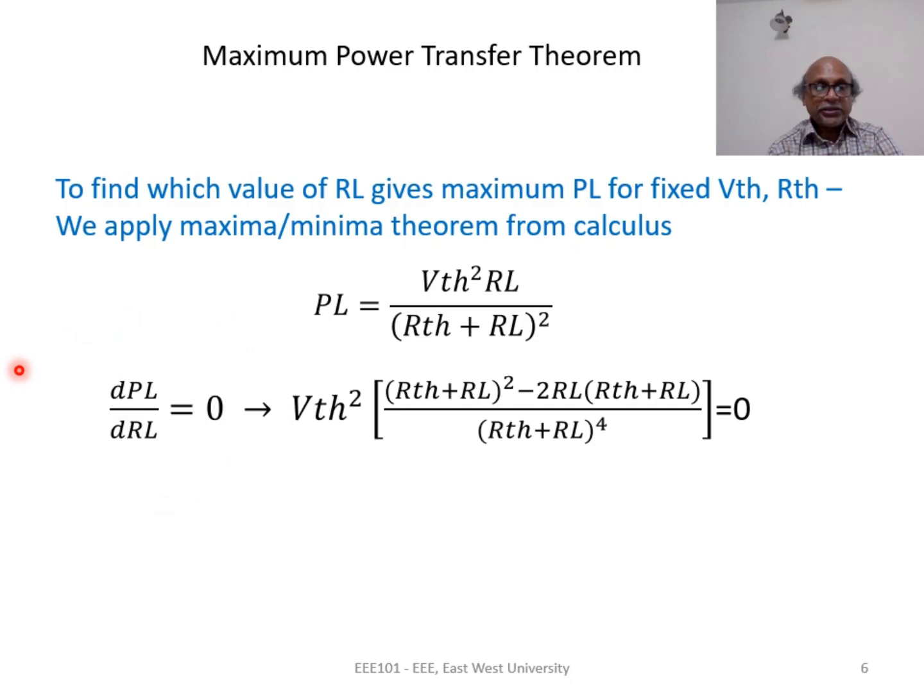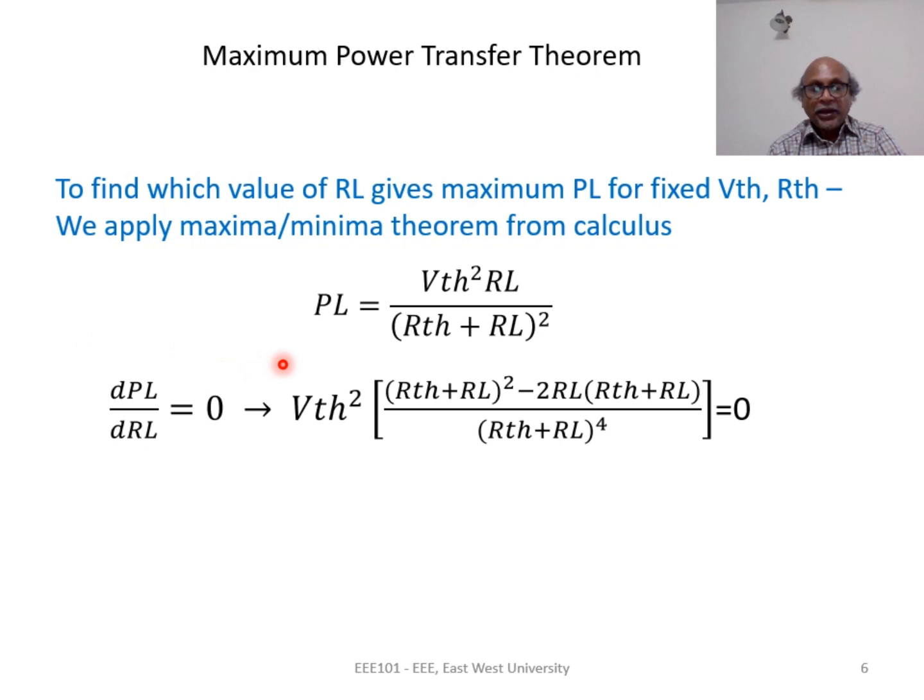When this condition is satisfied, PL is either a maximum or a minimum. From physical conditions, we know that this PL as a function of RL does not have any minima. It only has a maximum. So this first derivative equal to 0 condition will identify the maximum.